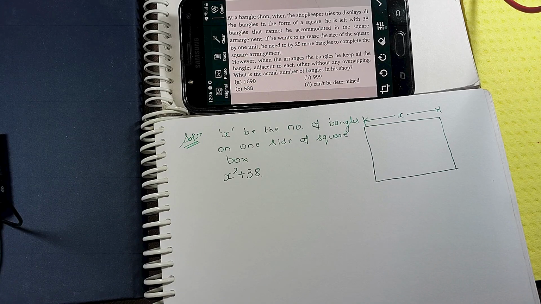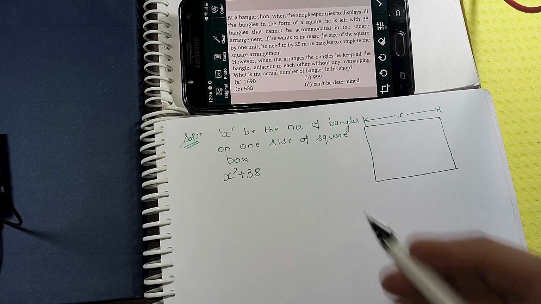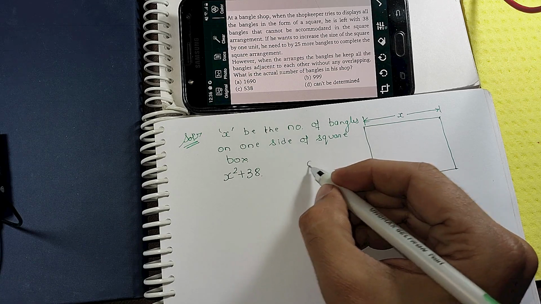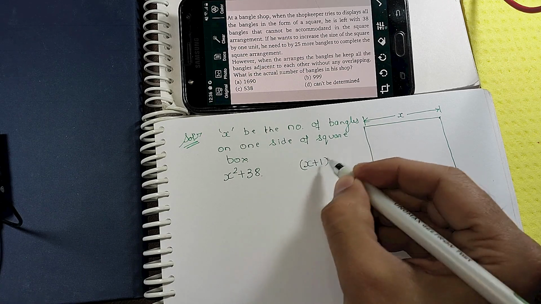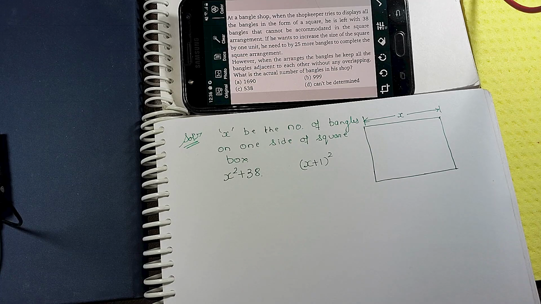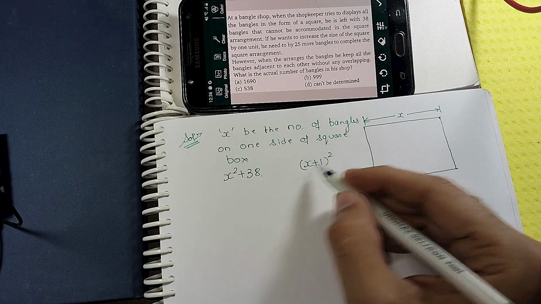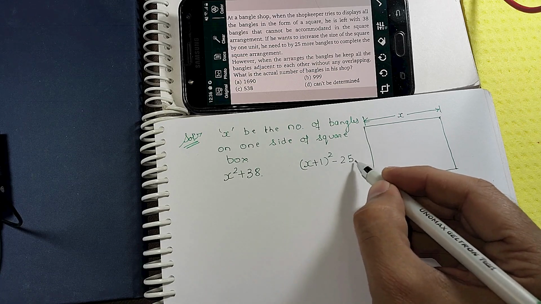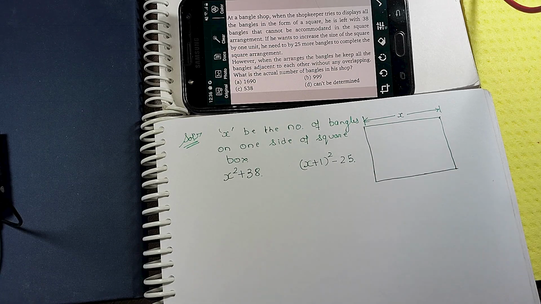Now, further he says when he increases the size of the square by 1 unit, he needs to buy 25 more bangles to complete the square arrangement. So what does that mean? That means when he increases the size by 1 unit, so that is x plus 1 whole square, he needs to buy 25 more bangles. So in equivalence to this, I will subtract 25 from this so as to get this number equivalent, fine.